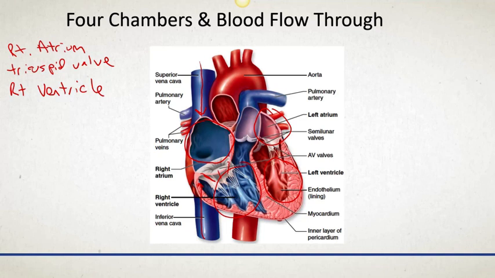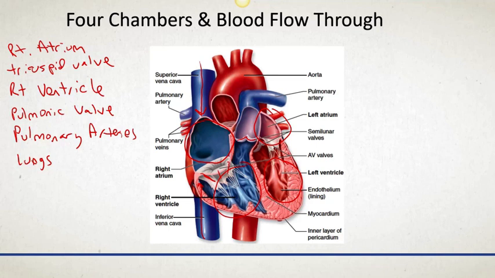From the right ventricle, the ventricle contracts and pushes blood up and out of the heart to the lungs. So we go through this valve, the pulmonic valve, to the pulmonary artery, to the lungs.